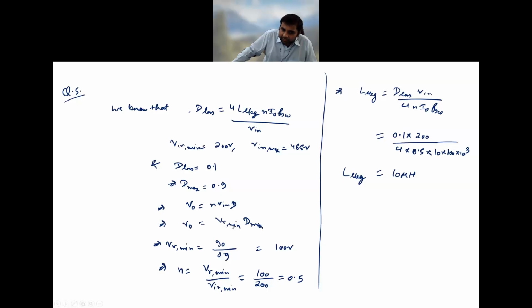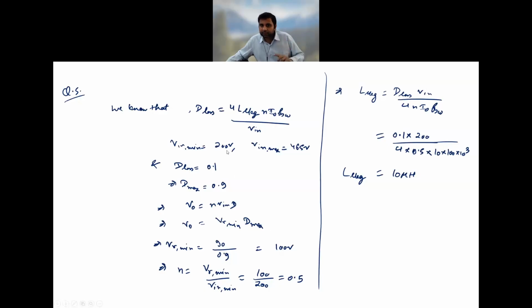For the minimum rectified voltage, at the maximum duty ratio we should be in a position to achieve the same amount of V naught voltage. V naught is given as a constant 90 volt. Dmax can go to 0.9, which gives the minimum value of VR as 100 volt.